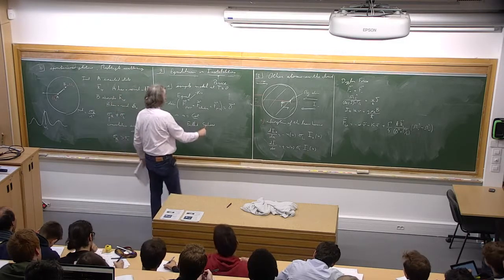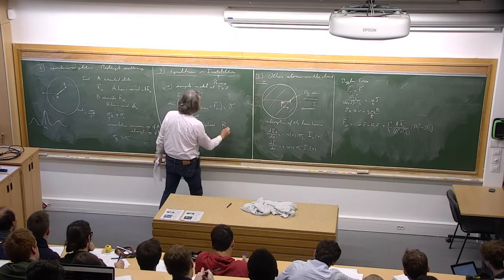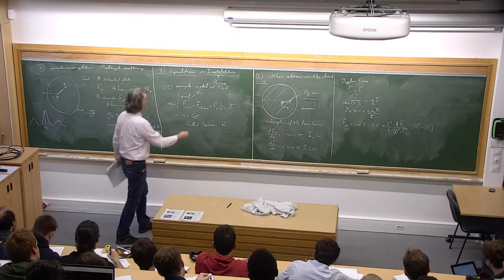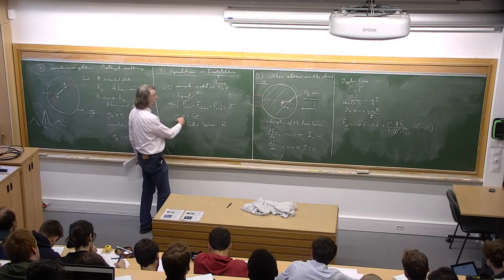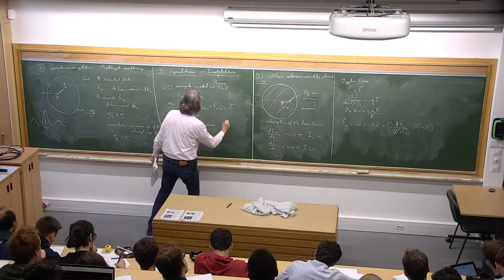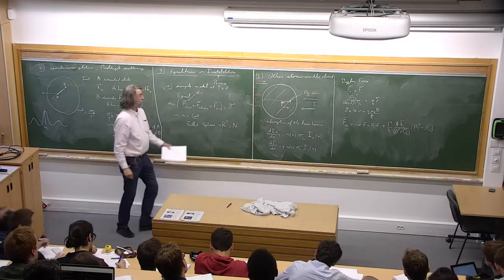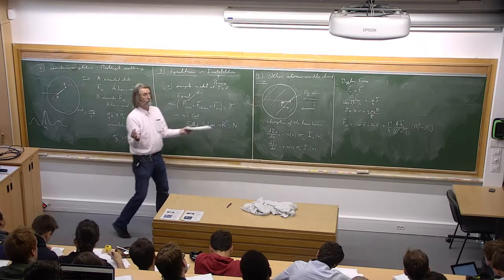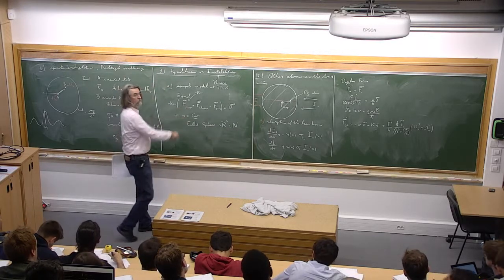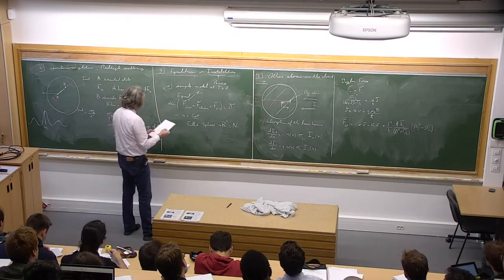But we have a sphere with a radius r, which depends on the number of atoms. As the density is constant, you have a relation between the total number of atoms that are trapped and the radius of the cloud. Obviously, 4/3 pi and so on, but it doesn't matter.